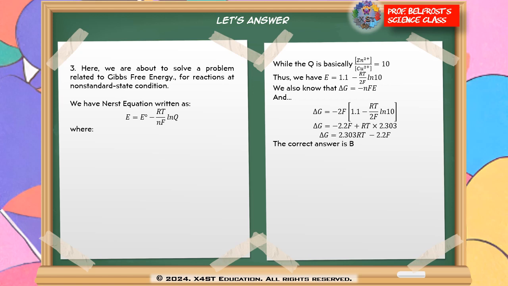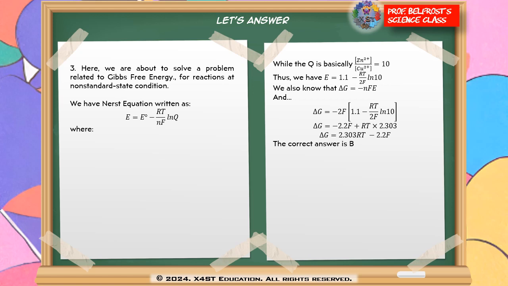Yeah, I'm very sorry, but I have to tell you that you need to memorize some equations, some formulas, before you can solve this problem. What equation do we need to memorize?